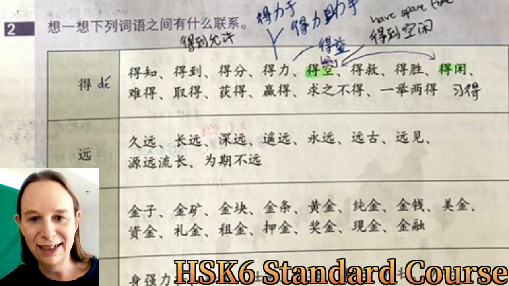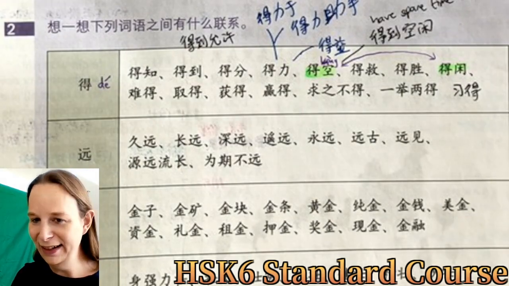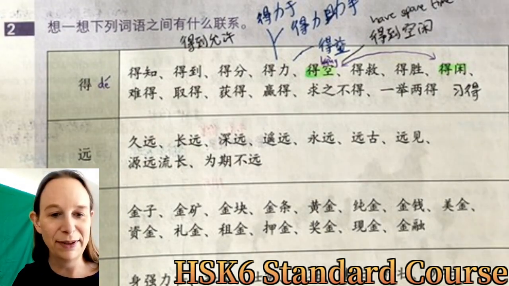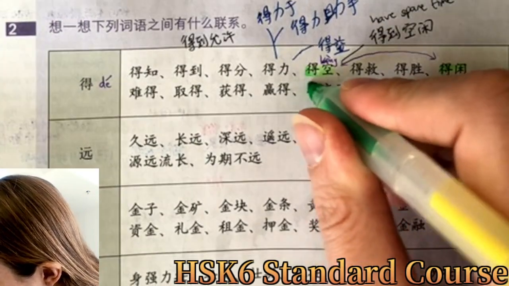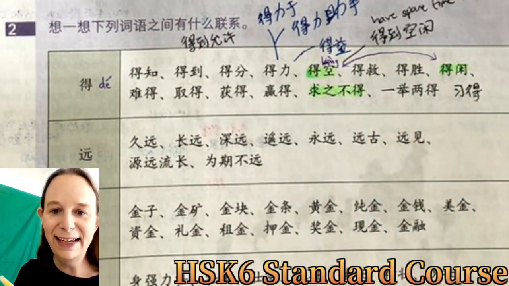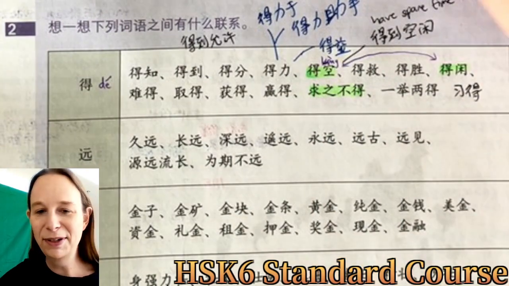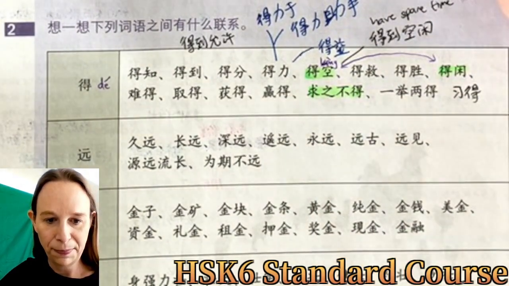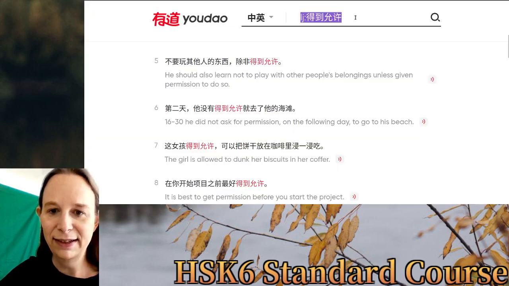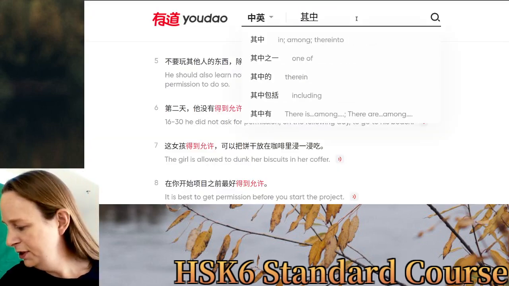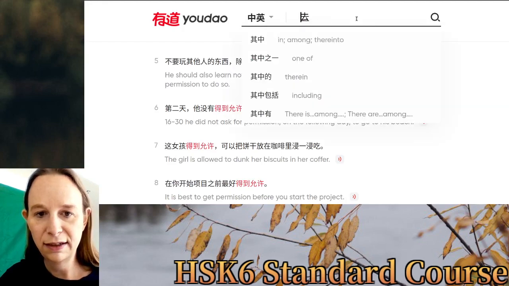求之不得. Okay, I don't recall encountering this before, but I look at the characters, I'm like, oh, I know what that means. 求之不得. Something like seek but not find, seek but not acquire. So let's just look at some example sentences here. 求之不得.